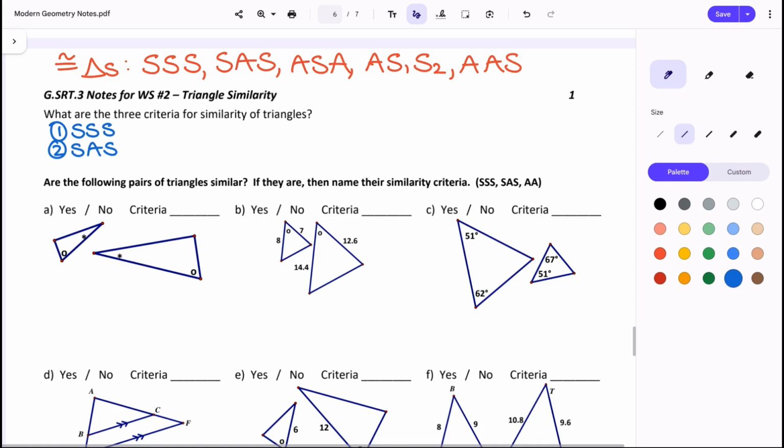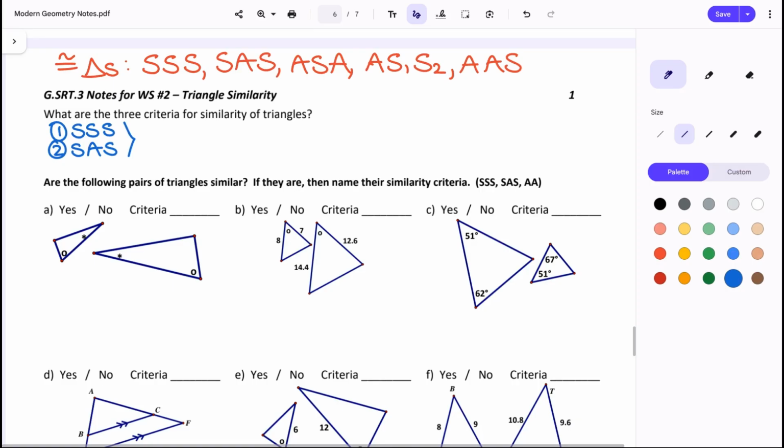When we use those tests, though, we do have to check one piece of information. We've talked a lot so far in this unit about when you're dealing with similar triangles, a dilation has occurred. The triangle got bigger or smaller proportionally in all directions. So when I'm working with sides, I have to make sure that they are proportional.